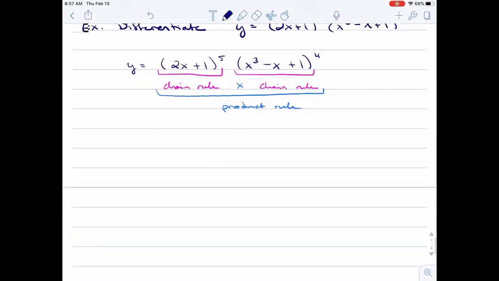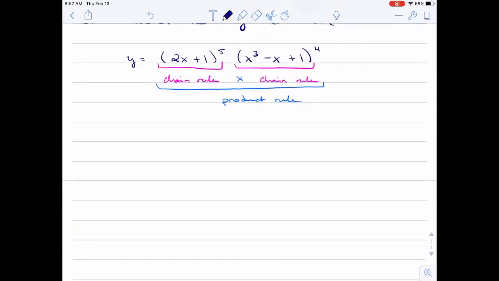I'll give myself lots of room, spread it out to the edge of the page here. dy dx, or d dx of y, it doesn't matter, is going to be, okay, let's use the product rule. And so that means I hold the first one steady. So 2x plus 1 to the power of 5.